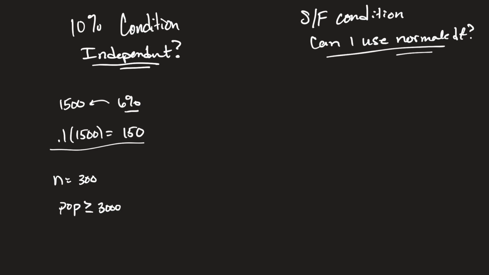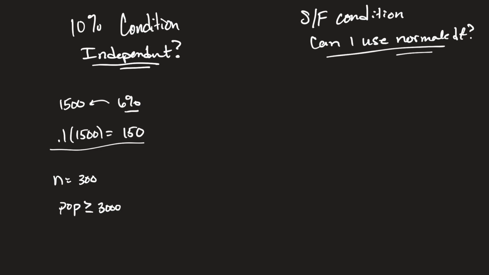If it breaks that rule, if my population was only 2,000 and I took a sample of 300, then the independence condition doesn't hold true. That would fail, and it would not be binomial. It wouldn't be Bernoulli trials, which is binomial and geometric.